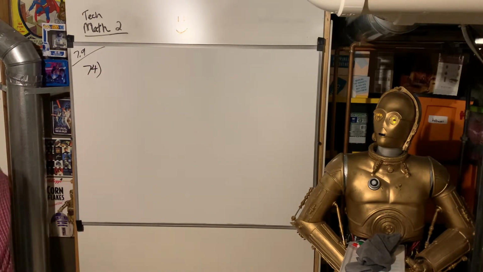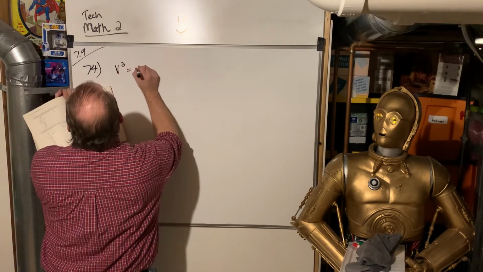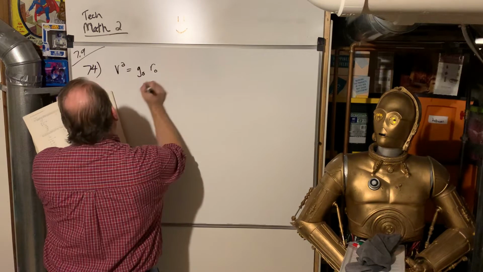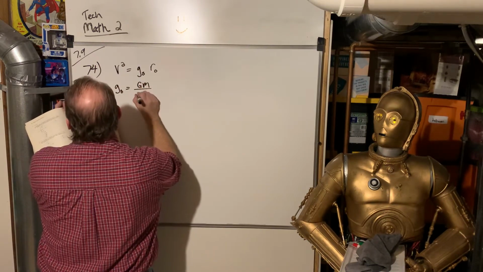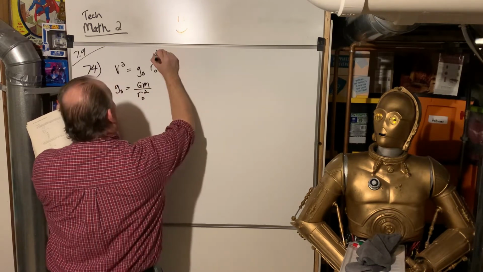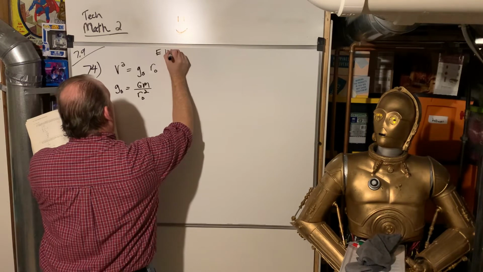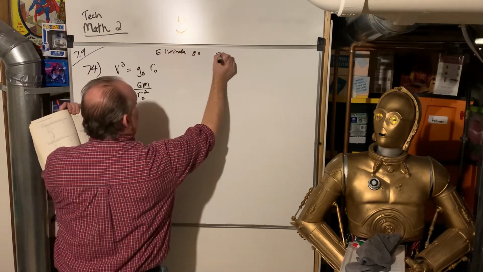Let's see. Oh, there's two of them, so let's do this one first. V squared equals G naught R naught, and G naught equals GM over R naught squared. And they want me to eliminate G naught and solve for V.